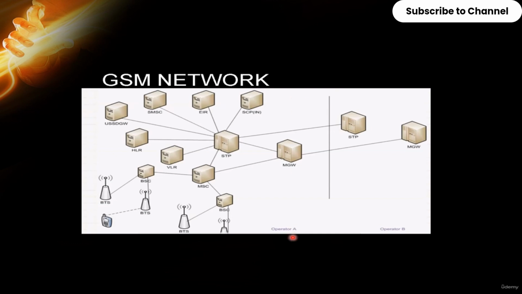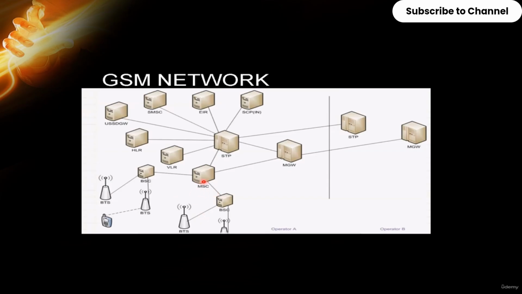As we already saw, a GSM network needs a BTS, the base transceiver station. Here it has a BTS, then a base station controller which is used to control the mobile devices, and the mobile switching center.